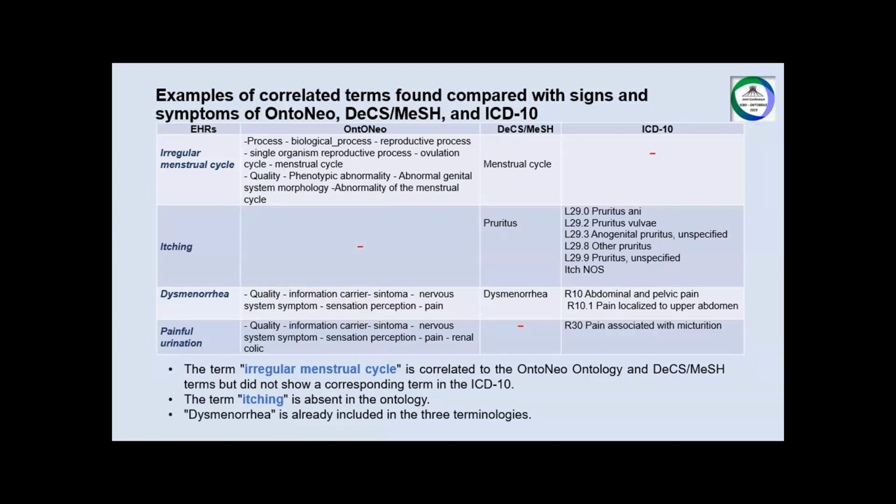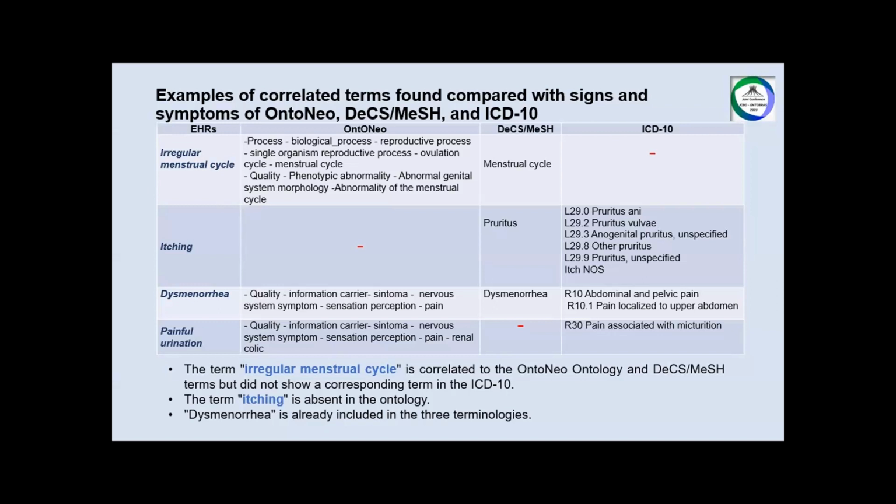The term itch is absent in the ontology, but is in DeCS and also ICD-10. Dysmenorrhea has the term in all three kinds of clinical terminology. And for painful urination, we have the term correspondence in Ontonil, but not in MeSH, and it is also in ICD-10. This is just an example.